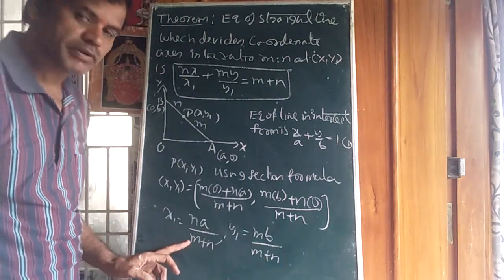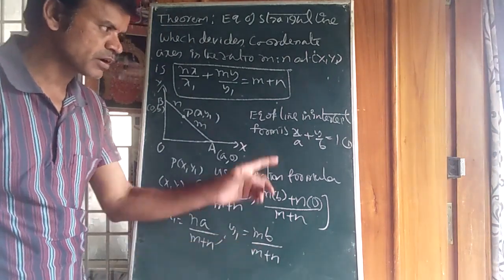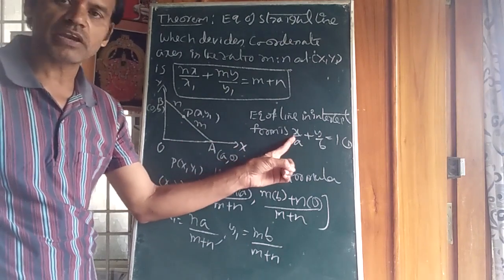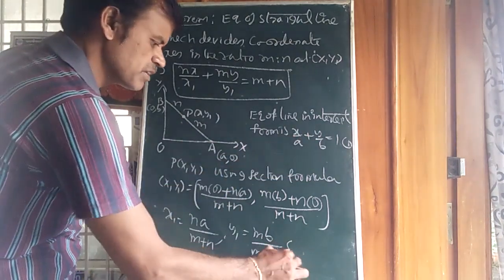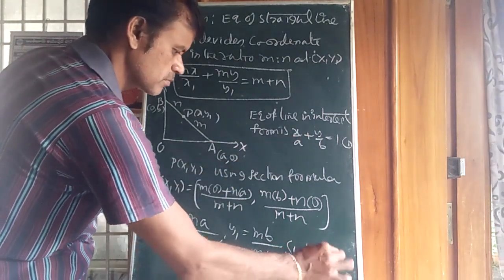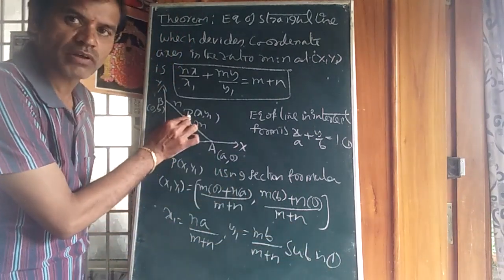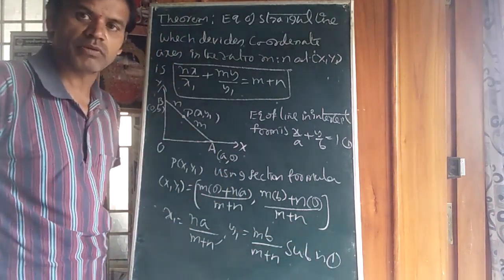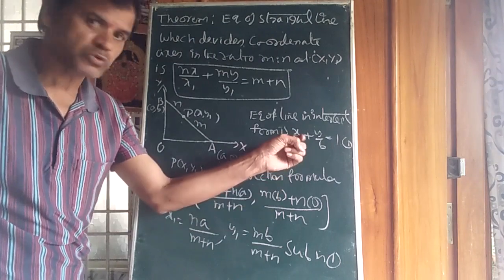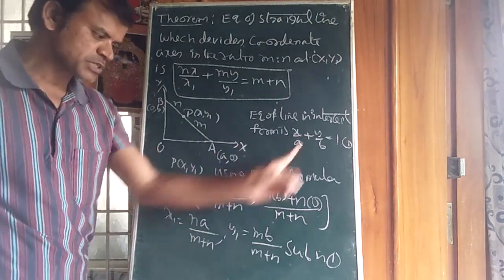Now you do one thing. Whatever values of x1 and y1 we got here, since the point x1 y1 lies on the line x by a plus y by b is equal to 1, you can directly substitute this point instead of x and this point instead of y.